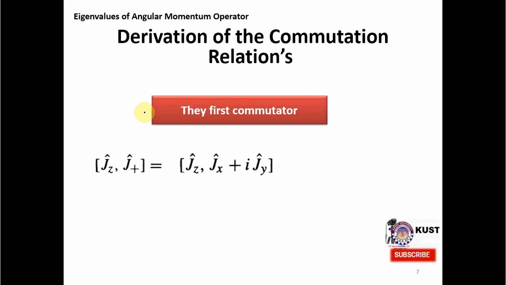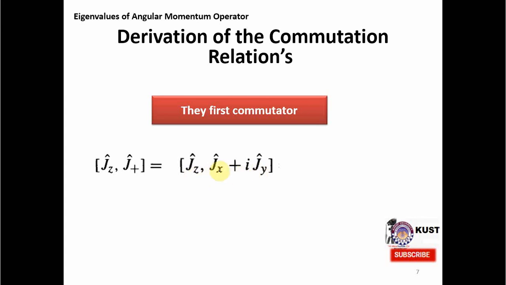So you see over here that on the left side of the commutation relation we have Jz and J plus. For J plus you put its value which we have defined, that is Jx plus i Jy.